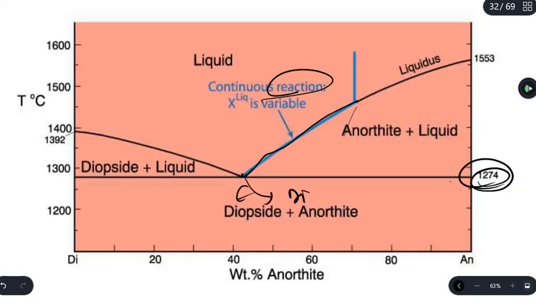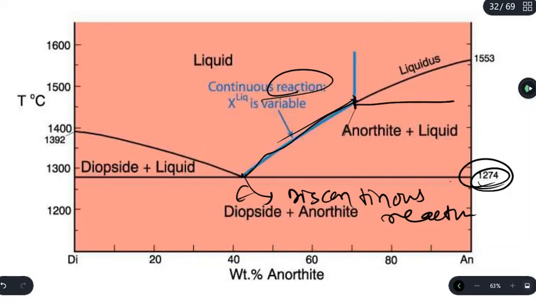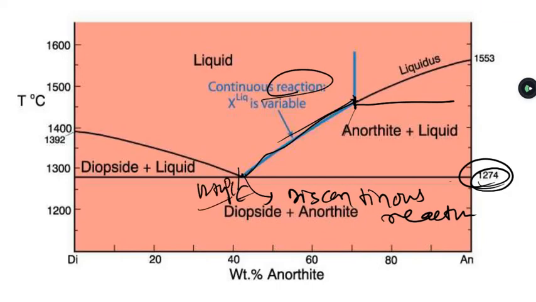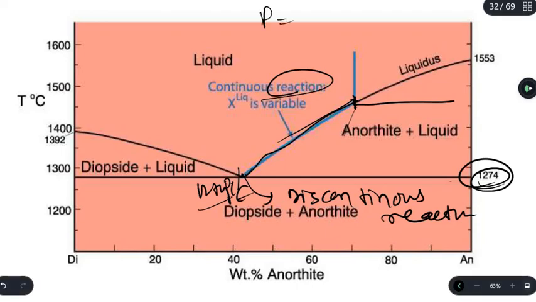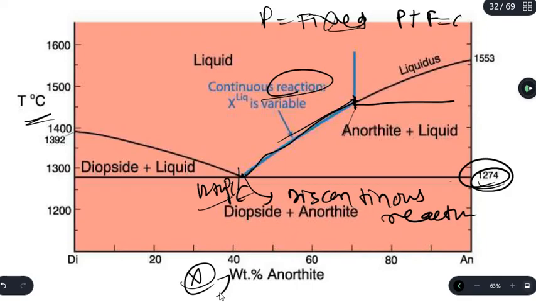Along the line the reaction happens over a wide range of temperature and pressure condition. Pressure is not here because pressure is fixed, that's why we call it a temperature versus composition diagram. Pressure is fixed, so we normally take the reduced phase rule.